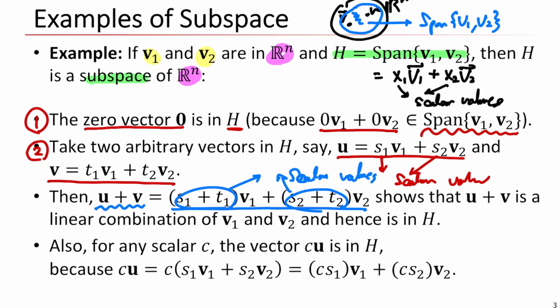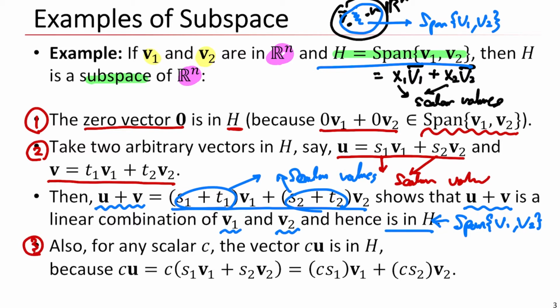It means that u plus v is a linear combination of v1 and v2, right? So u plus v is in H, or span of v1, v2, right? From here, the second property is satisfied. Okay.